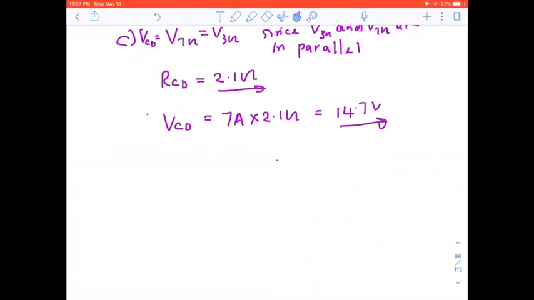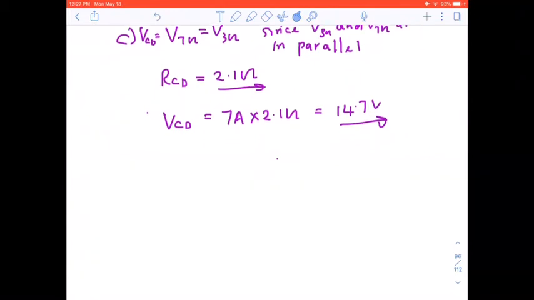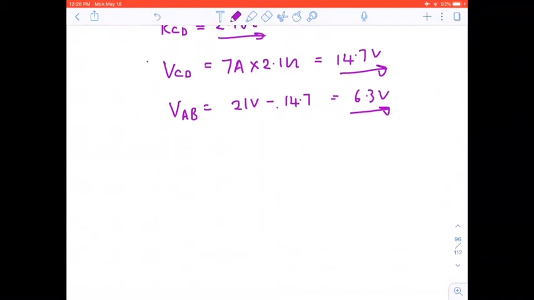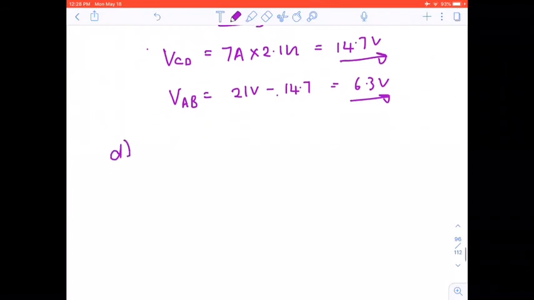So that's your voltage across that. And what is your voltage across VAB? Like I showed you, that would be equal to 21 volts minus 14.7, which would be 6.3 volts. So now you've got the voltage across the respective resistors. Now we want to know what the current is in the 7 ohm resistor.